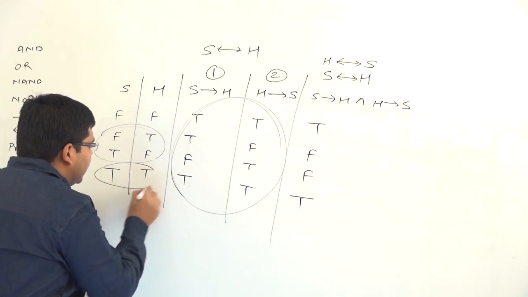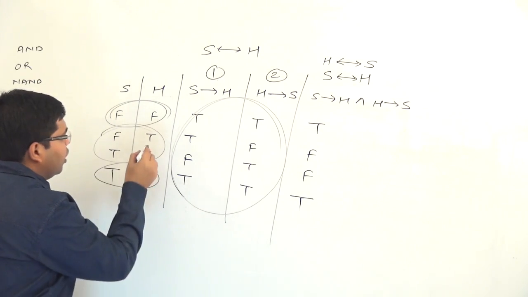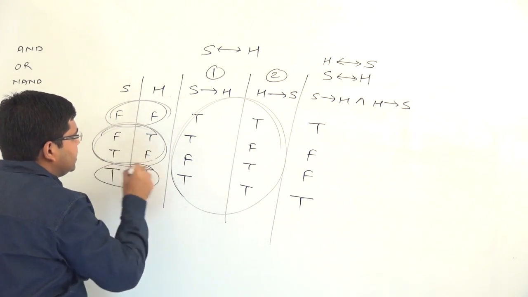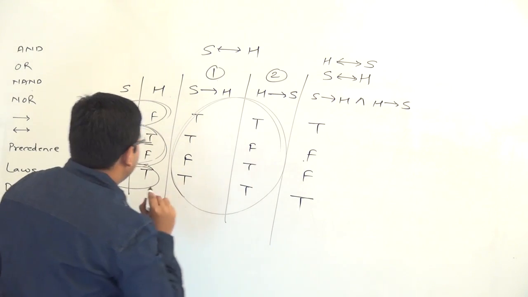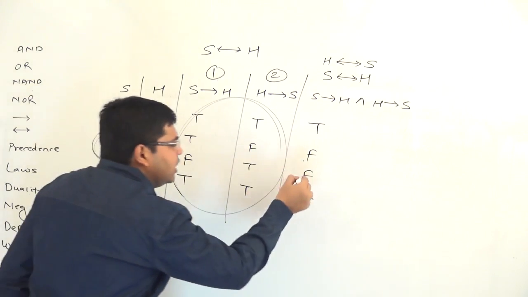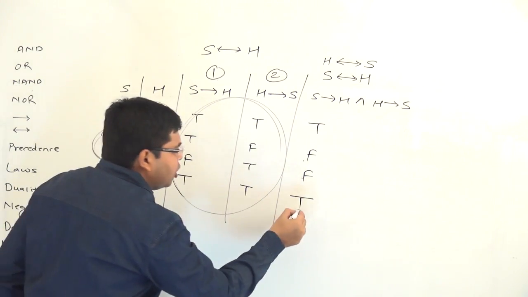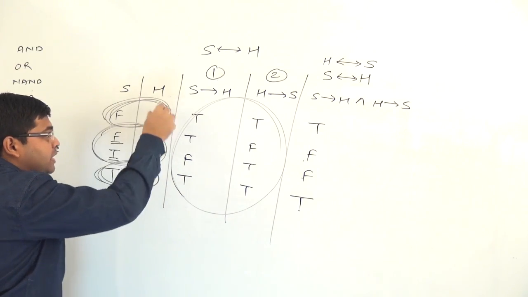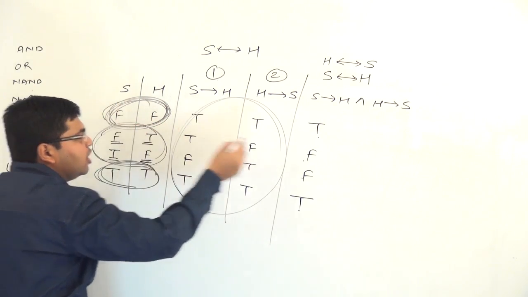Either both of them will exist or both of them will not exist. Exactly one of them existing, like holiday exists without Sunday, is not possible, and Sunday exists without holiday is not possible. Both of them present is possible, none of them present is also possible. Both of them absent, possible.